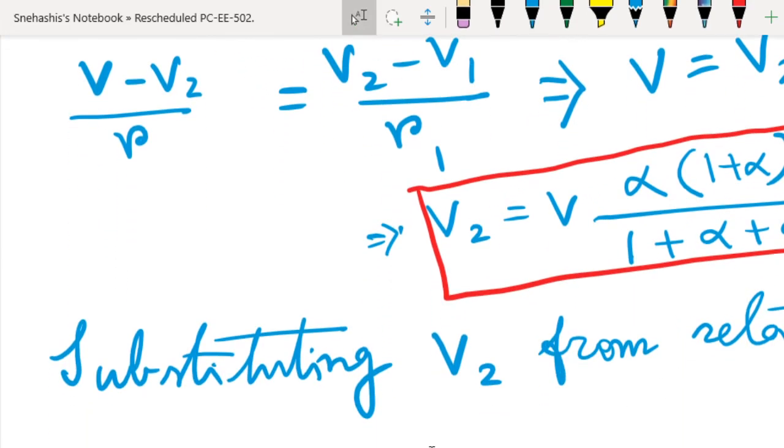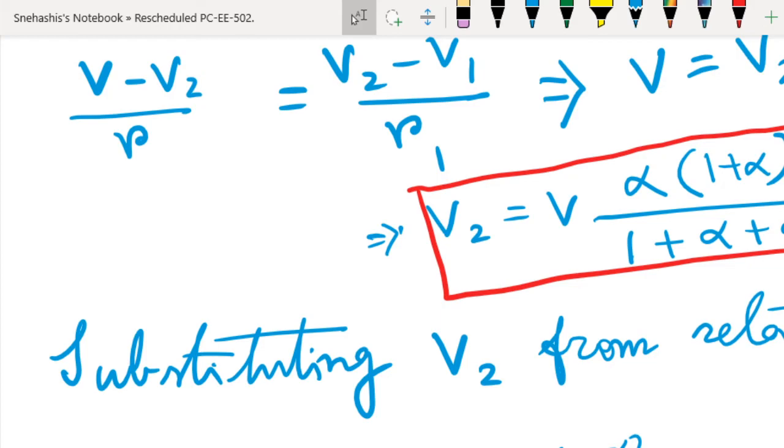Then what can we write? We can write that Gmax is equal to v minus v into alpha plus alpha square divided by 1 plus alpha square, whole divided by r ln alpha.